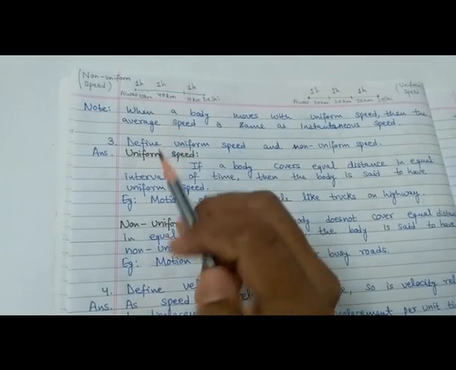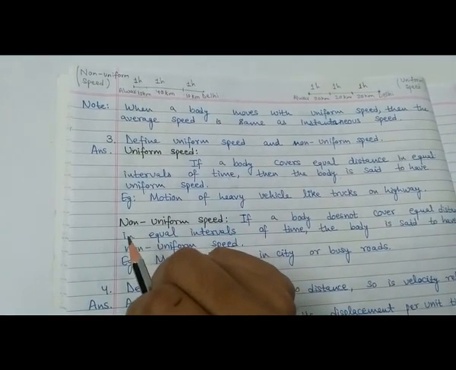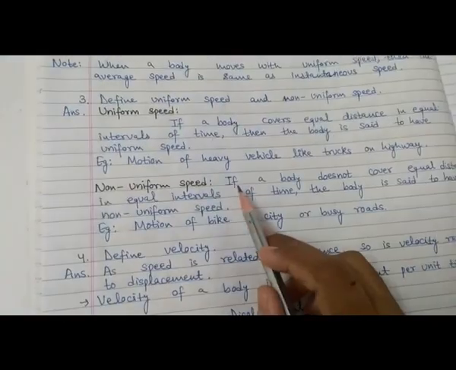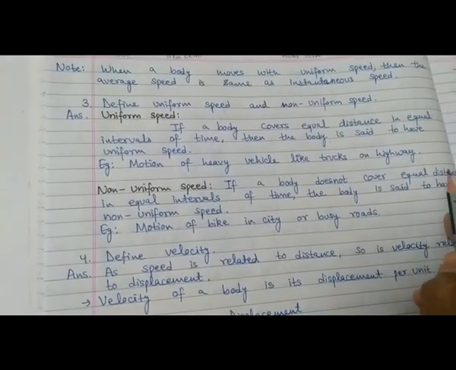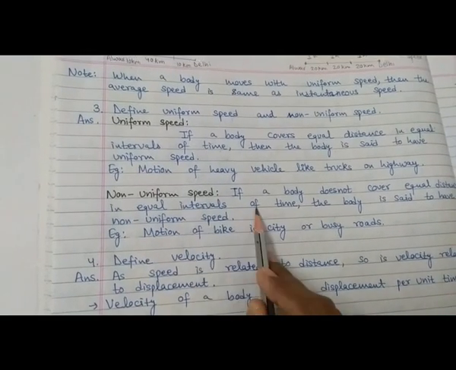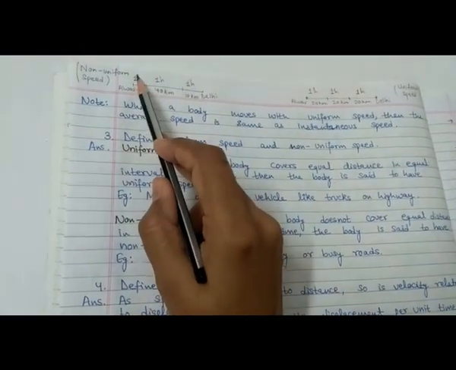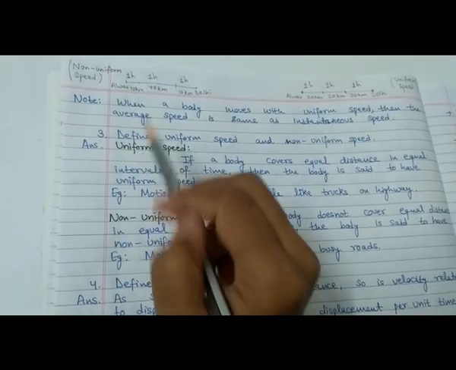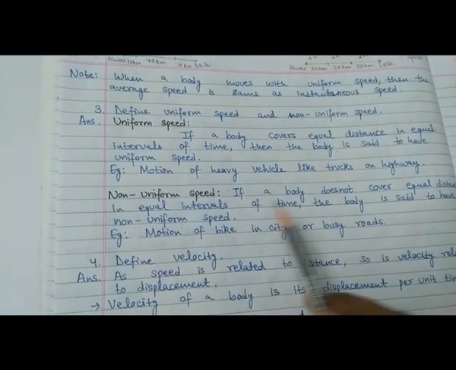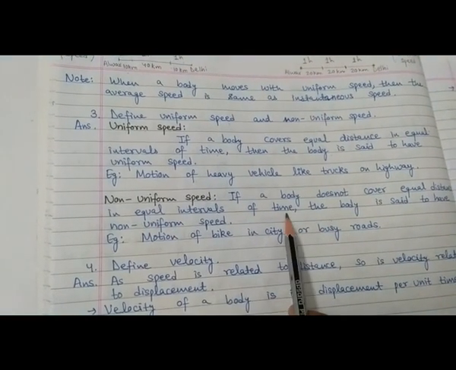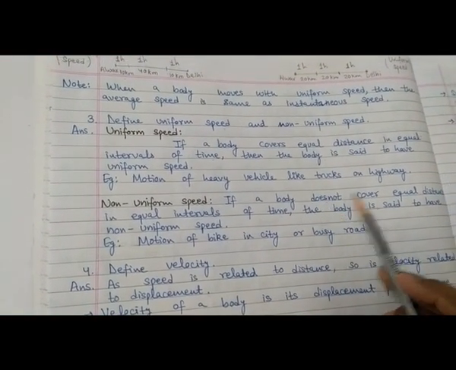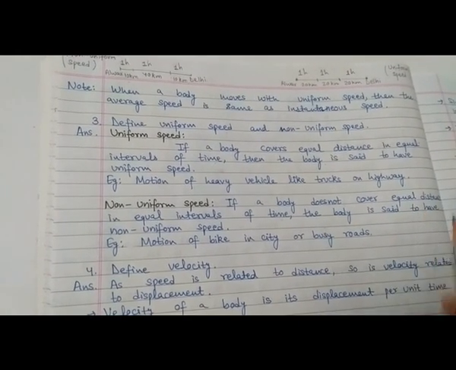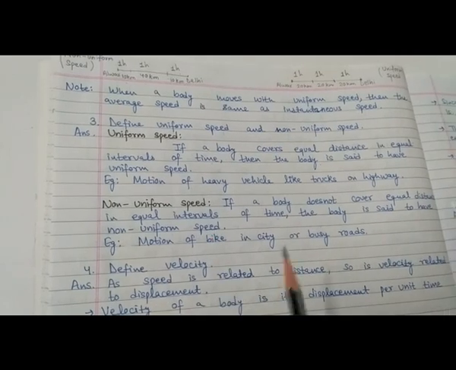So it is covering non-equal distances. If for equal intervals of time the body does not cover equal distance, then the body is said to have non-uniform speed.